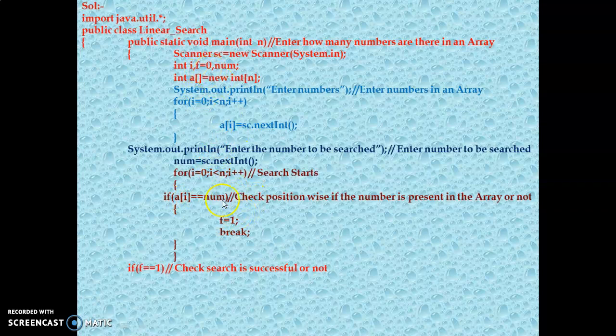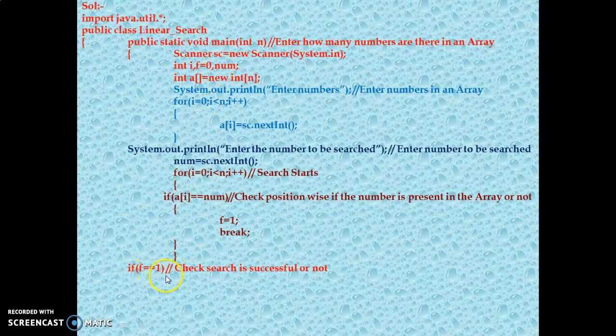So f does not change its value until it enters this if statement. That means only if the if statement is true, f gets 1, and only after coming out from this for loop we get f as 1. Otherwise f remains 0.